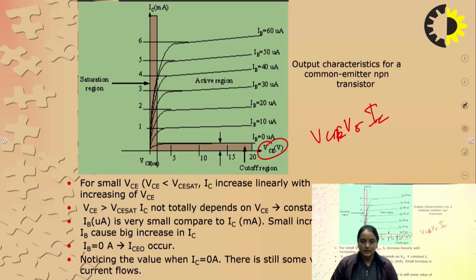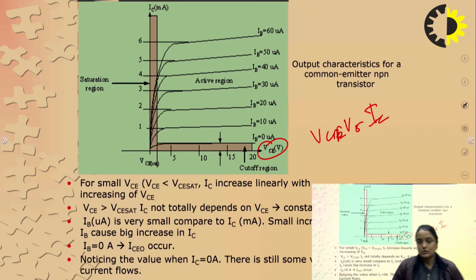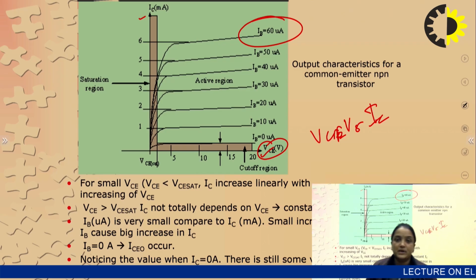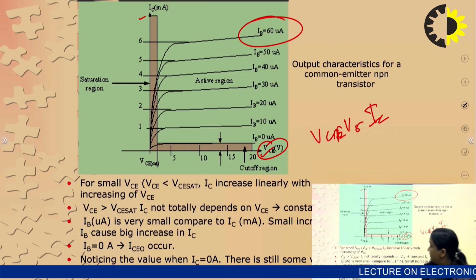In the circuit analysis, we have observed your input and the output part. So output characteristics are basically obtained between your output voltage, that is VCE, and your current IC, taking your base current IB as constant.